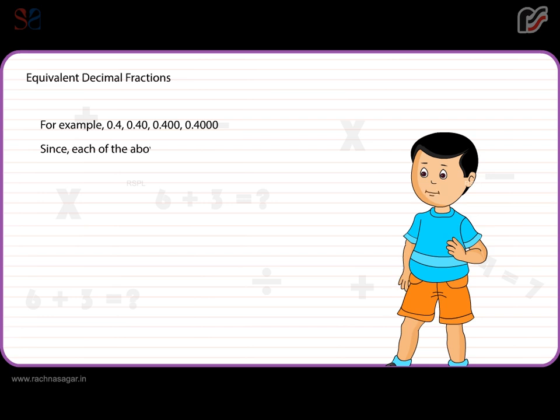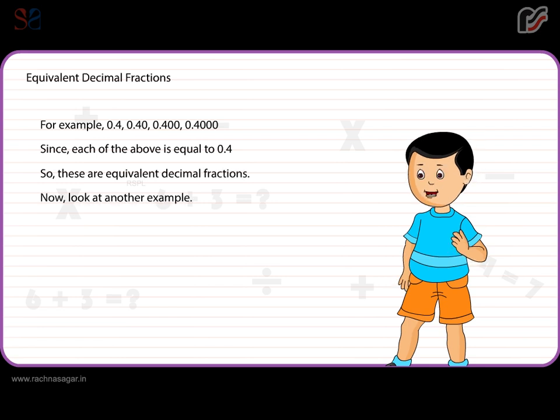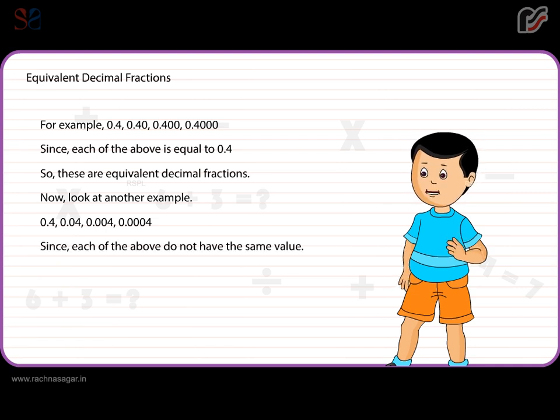Since each of the above is equal to 0.4, these are equivalent decimal fractions. Now, look at another example: 0.4, 0.04, 0.004, 0.005, 0.0004. Since each of the above does not have the same value, these are not equivalent decimals.